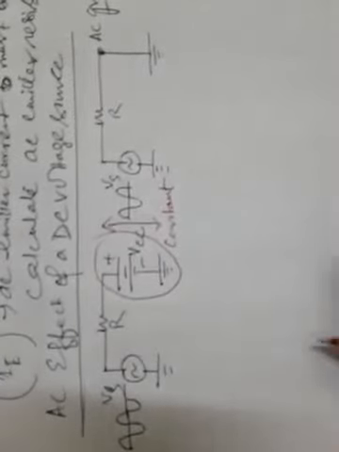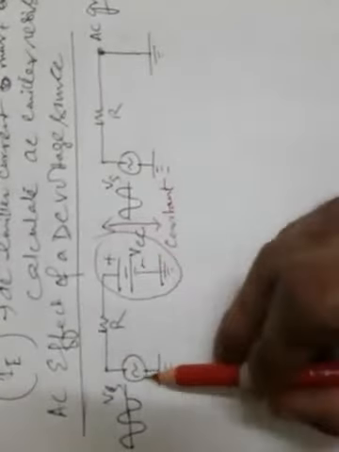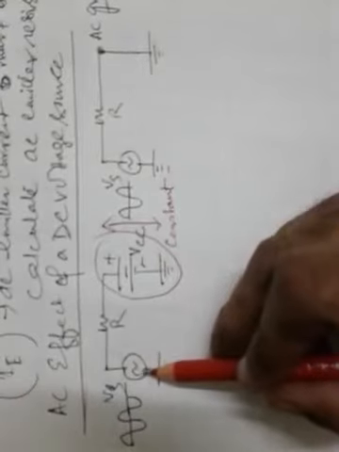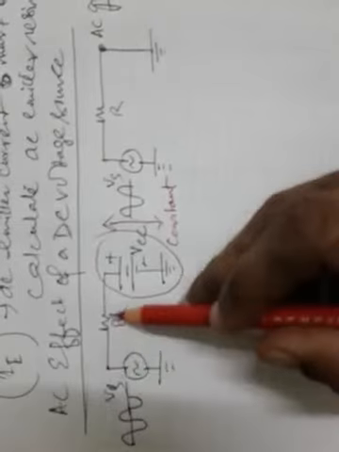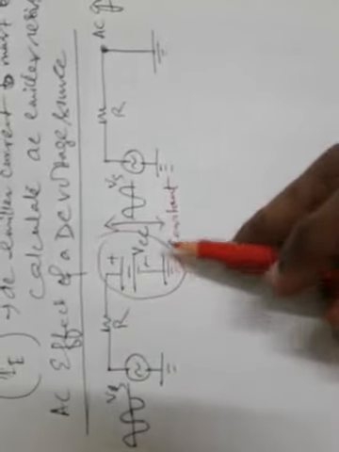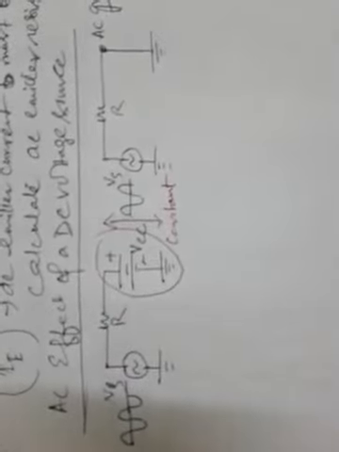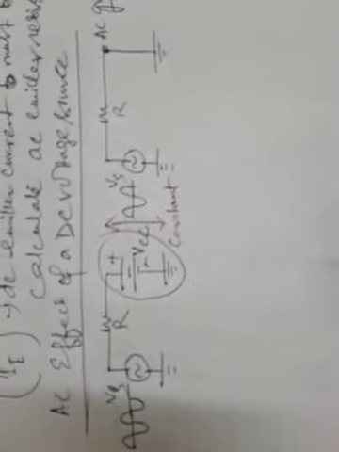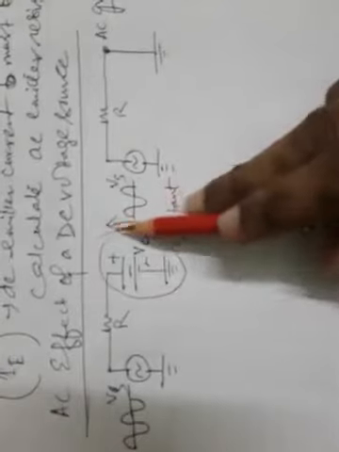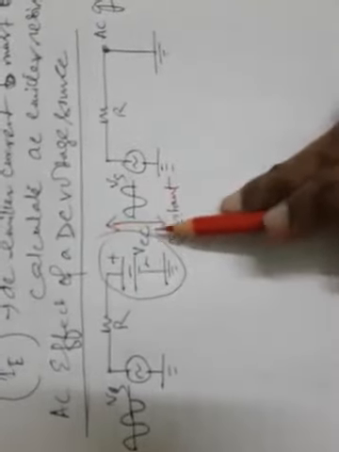If we consider that this source is acting as a load to this AC source, whatever AC signal is being transferred through R into VCC will not produce any AC voltage across it, because across this source the voltage is always constant, which is equal to VCC.